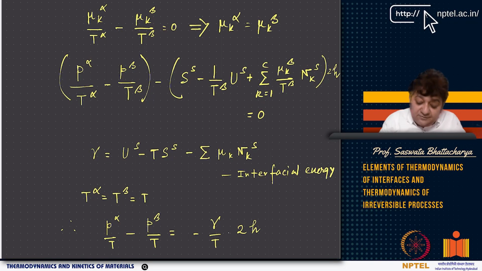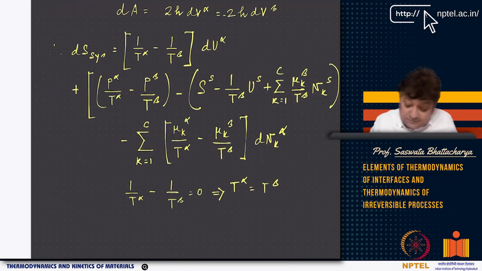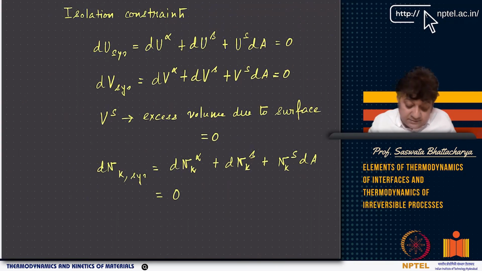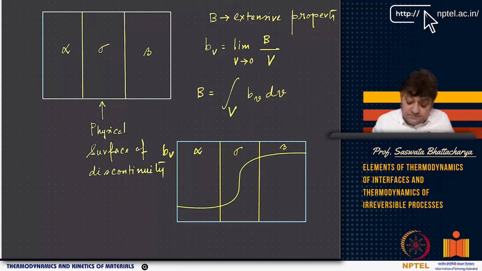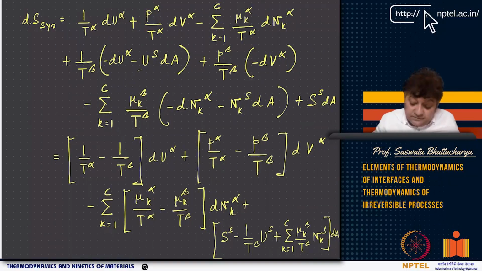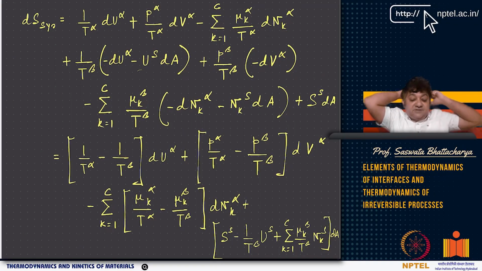Now, you see the pressures are equal, temperatures are equal, but you have this extra term, Ss minus 1 by T beta Us. We are using T beta here for normalizing. T beta is basically the temperature in the beta phase.